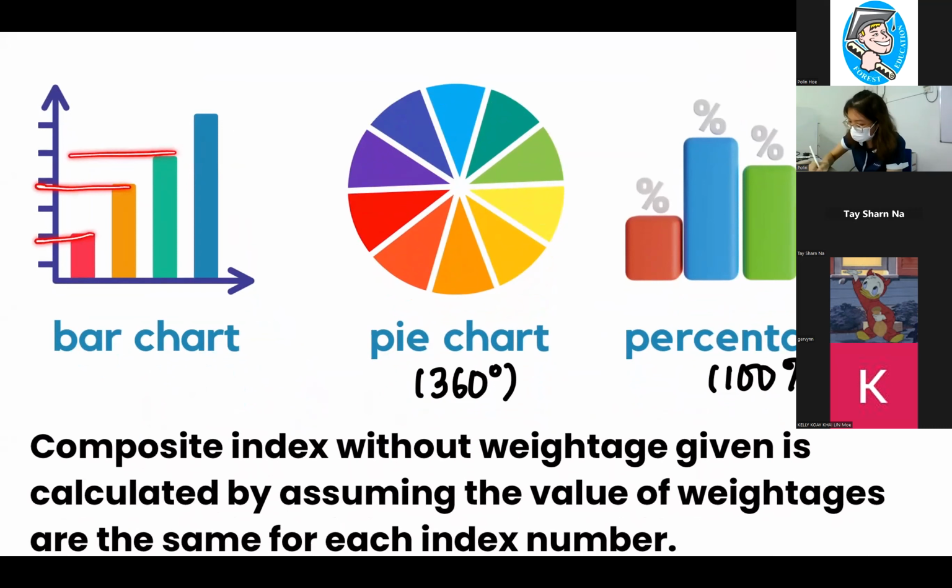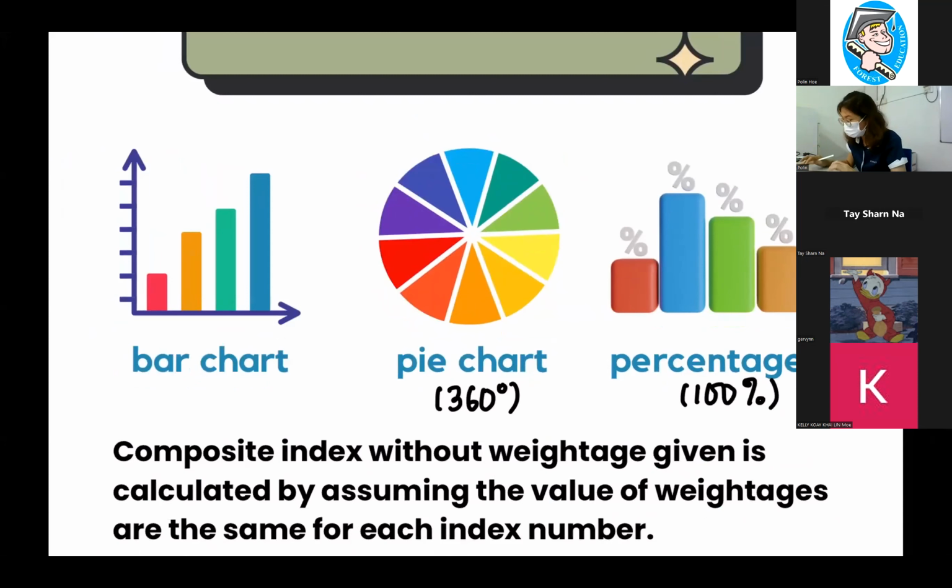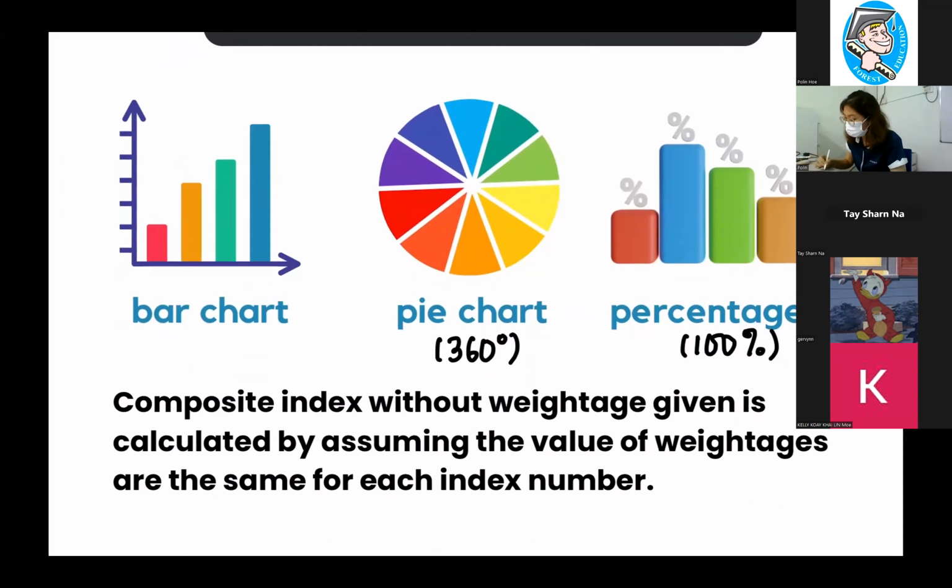读这边的 value and the total you sum 你加起来罢了。Okay, later I think in question 7 we will discuss a question about bar chart. Okay, 这个3个东西 if you want this file, I can send it to you later. You just WhatsApp me to get it from me. So composite index without weightage is given.